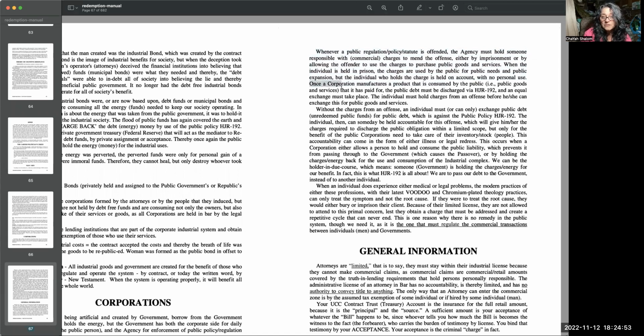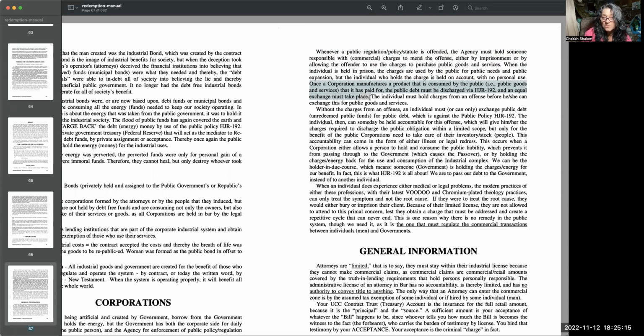Once a corporation manufactures a product that is consumed by the public, example, public goods and services, that it has paid for, the public debt must be discharged via HJR 192, and an equal exchange must take place.